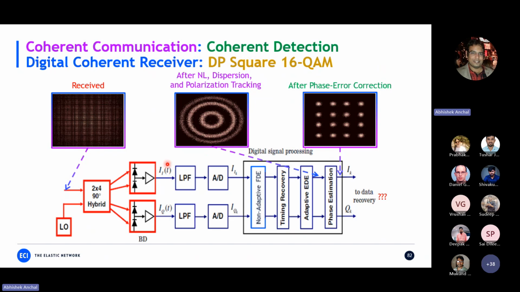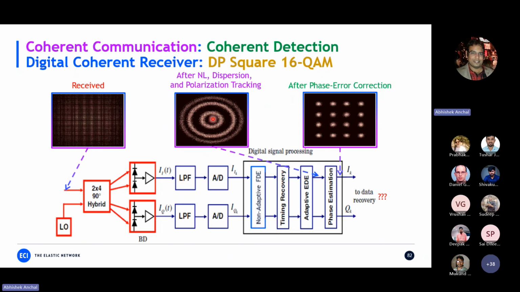After the balanced detector, we have I and Q, the electrical domain signal, and then it goes through all of these methods we discussed, the reduction of dispersion and nonlinearity and so on. And then basically we are able to recover from here to here some circular form. So we get rid of most of the dispersion and nonlinear effect before the phase estimation.